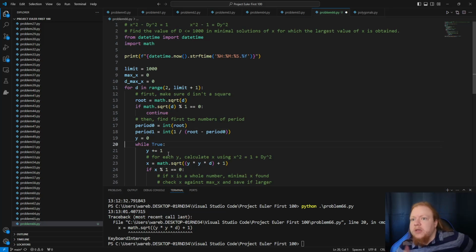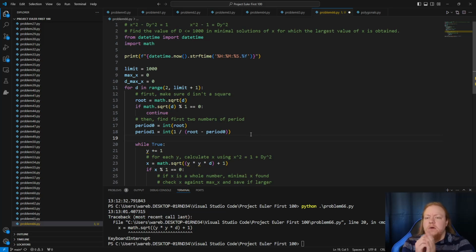Okay, so all that does there is it gets us this kind of integer. They're frequently quite small. And then it's 1 over period 1.